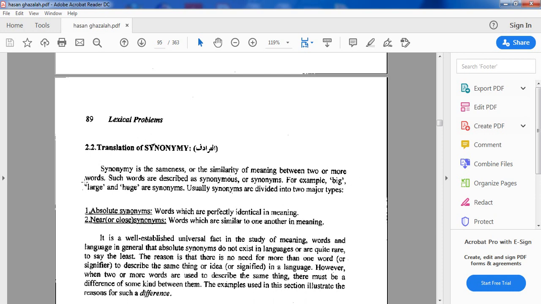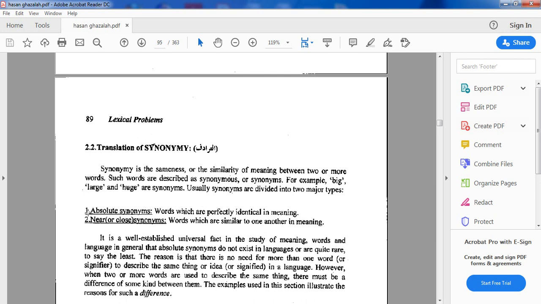Sometimes we cannot exchange those words. So according to most linguists, we don't have absolute synonyms. But here we have to abide by the textbook.